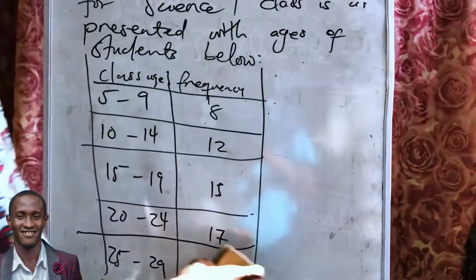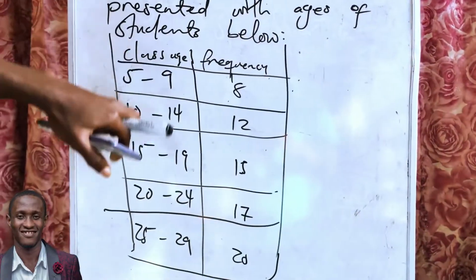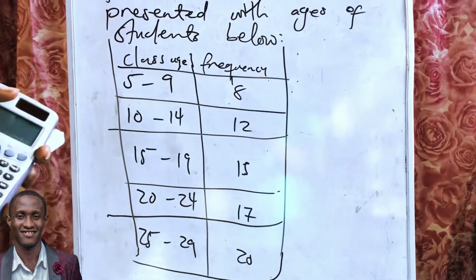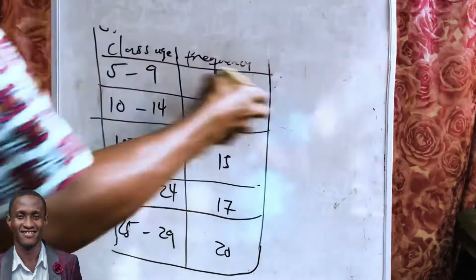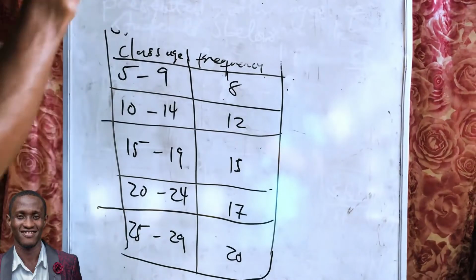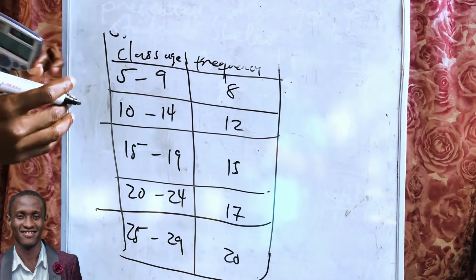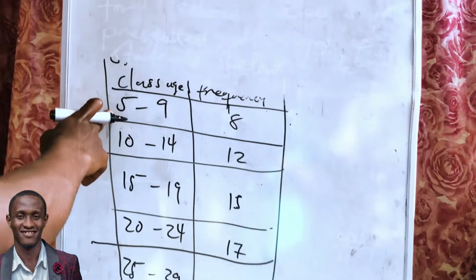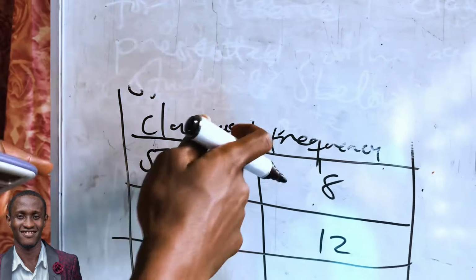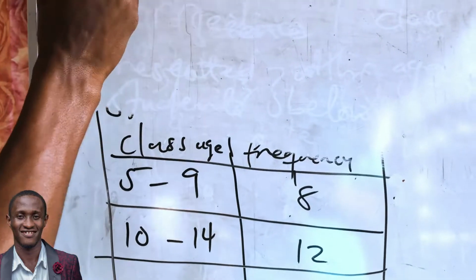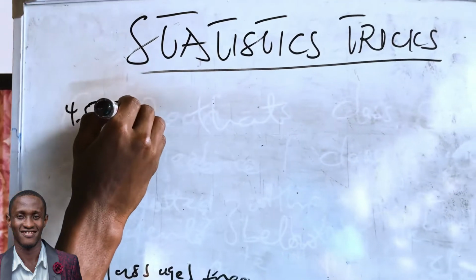So I'll draw the table again. This is the class limit; you have to change it to class boundary. Quick one, it's like we are solving the question all along. You need class boundary to solve the question. For the boundary, you subtract 0.5 from the lower class limits and add 0.5 to the upper. You do it the same way throughout. So you have 4.5 to 9.5.